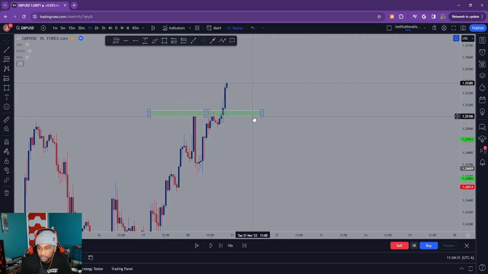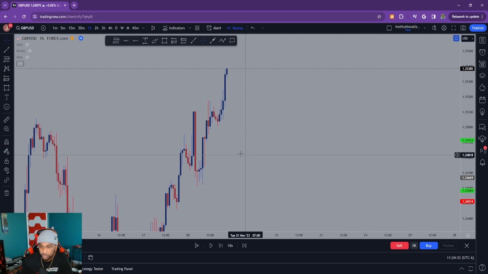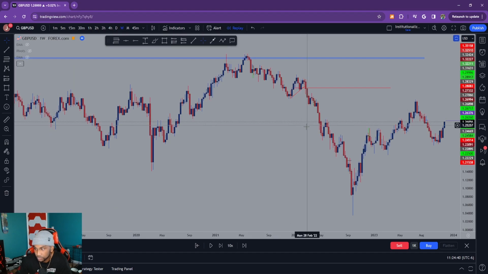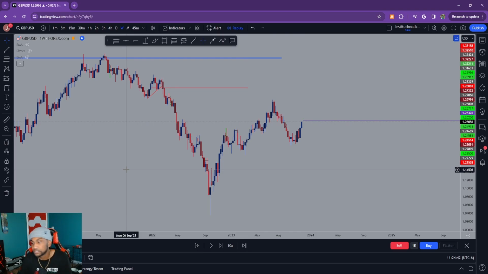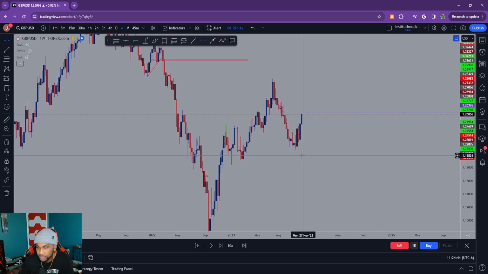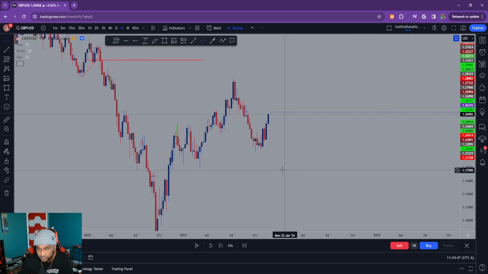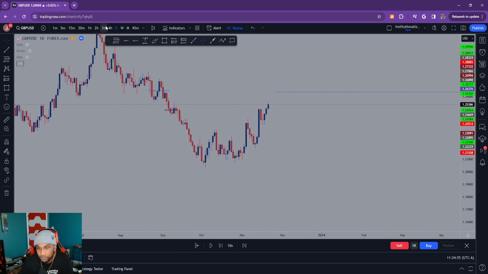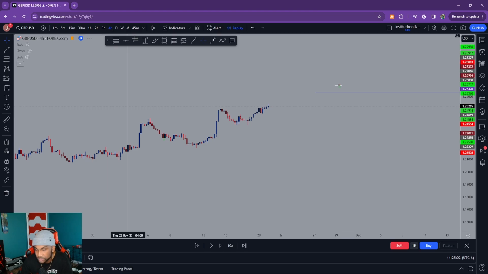And anytime that I see an impulse push breaking highs, or just breaking structure in general, I always go to larger time frames, just to get a top-down analysis, and get the direction of the trend and see if I could find my edge in a lower time frame based off of the setup that I was presented on the 1 hour. So from there, I keep on going down, from the daily to the 4 hour, and then from the 4 hour to the 1 hour after I see the 1 hour push.